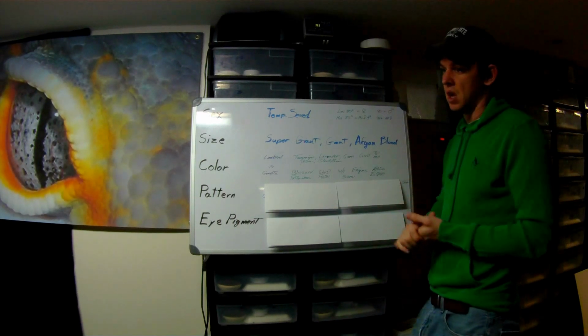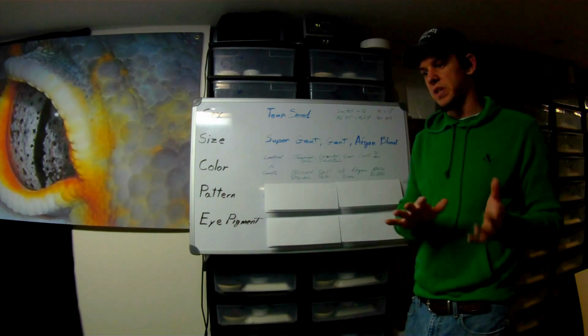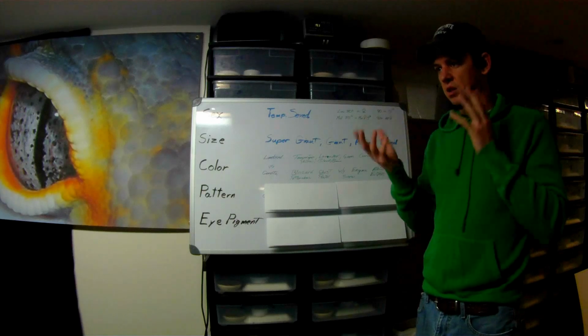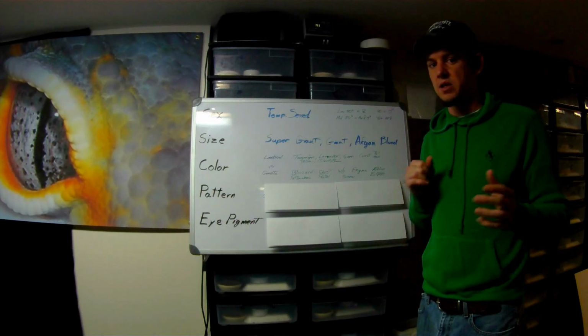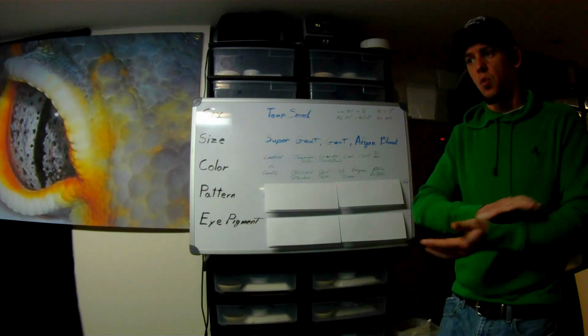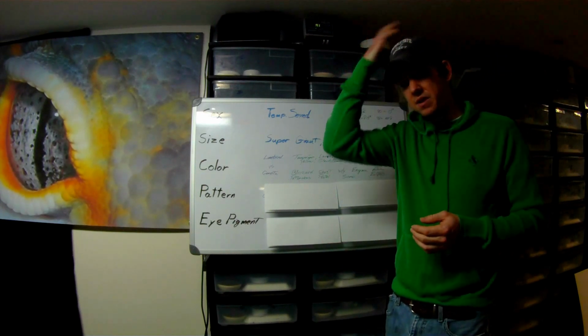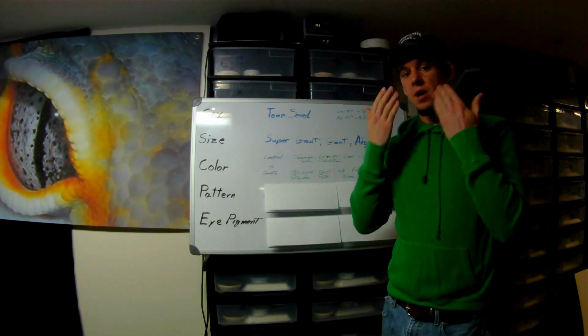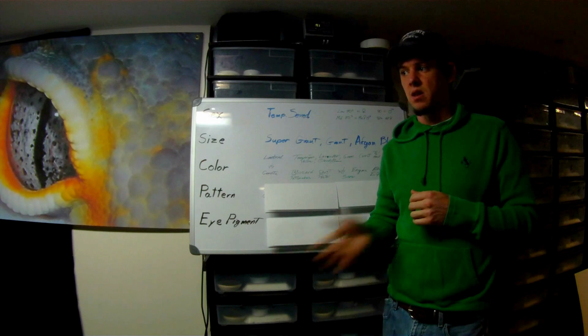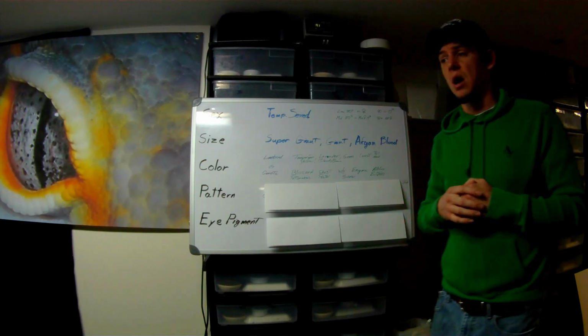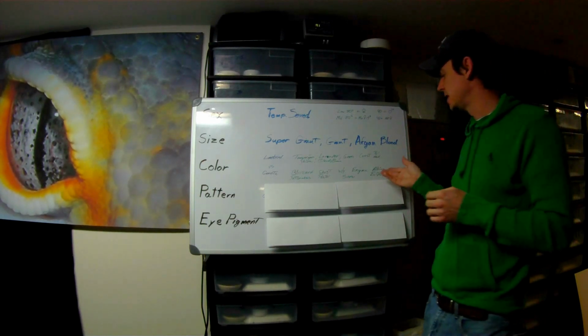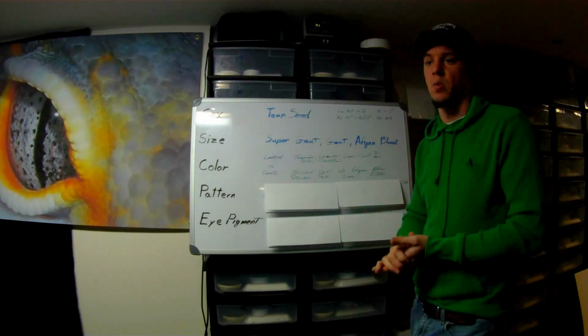Same thing with eclipse. Eclipses have a couple of different things that will cause coloration in different areas of the body to be different. White feet, white spots on the head, the white coming up the nose, white on the tail tip. And that will translate to all the albinos as well.